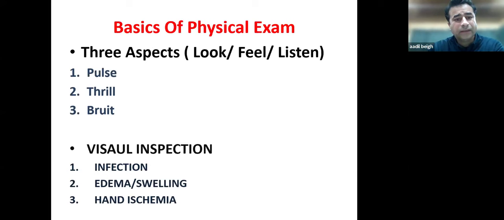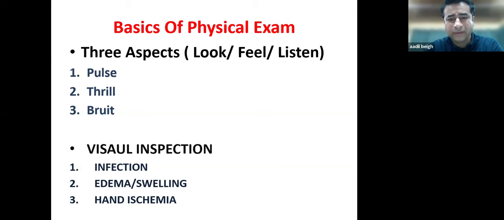The basic aspects of the physical examination of the AV fistula are that we should look at the fistula, we should feel it, and we should listen. There is something in the fistula: pulse, thrill, and bruit.